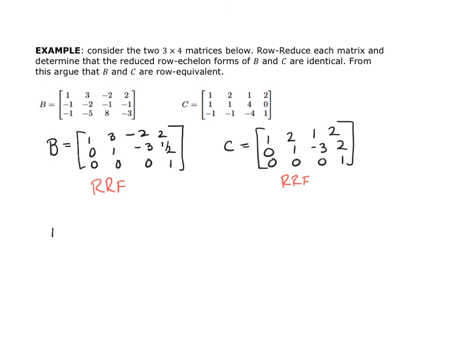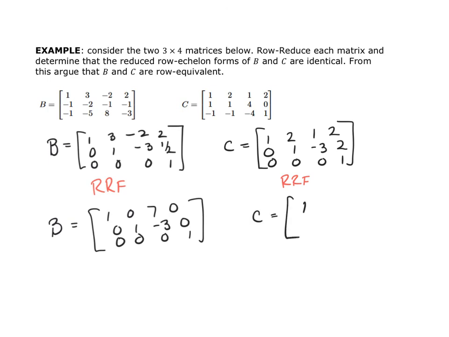The B matrix is going to be equal to 1, 0, 7, 0, 0, 1, negative 3, 0, 0, 0, 0, 1. The C matrix will be 1, 0, 7, 0, 0, 1, negative 3, 0, 0, 0, 0, 1.